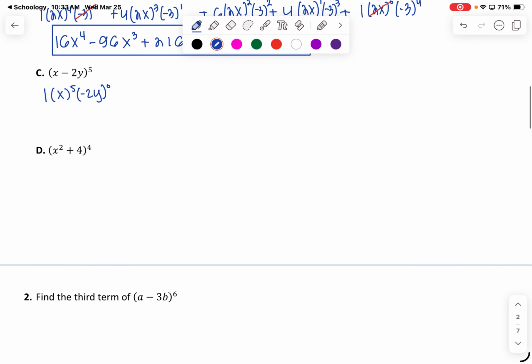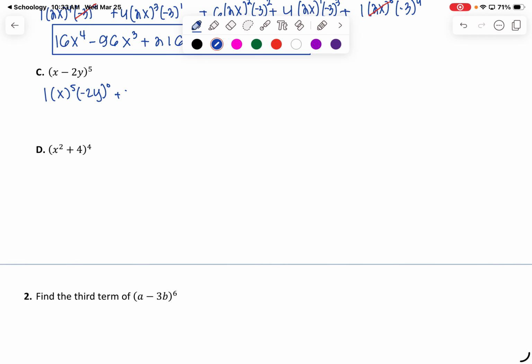I got it. All right, so the next one is plus 5. This would give me x to the 4th power because I'm down 1 from that. Negative 2y to the 1st power because I'm up 1 from that. Then I have 1, 5, 10, 10, 5, right? 1, 5, 10, 10, yes. So 10 is next, x cubed would be next, negative 2y to the 2nd would be next. I'm going up 1.